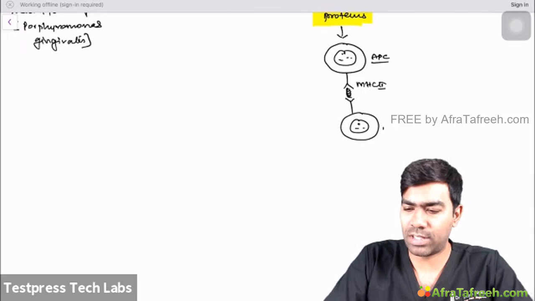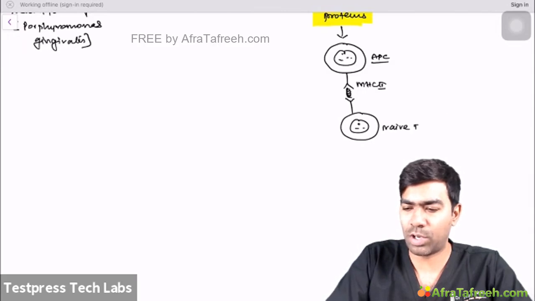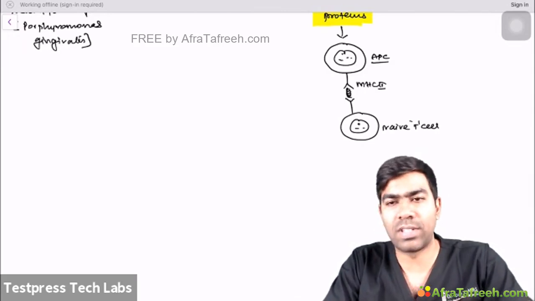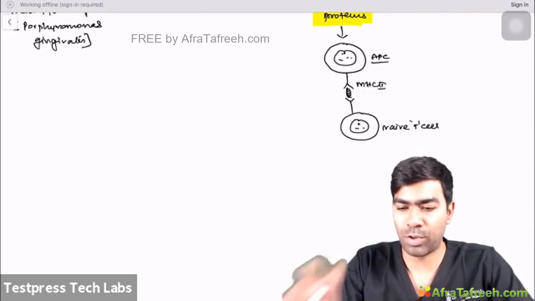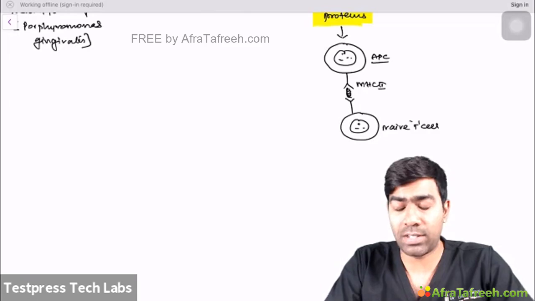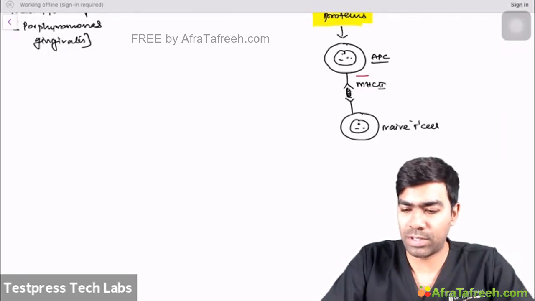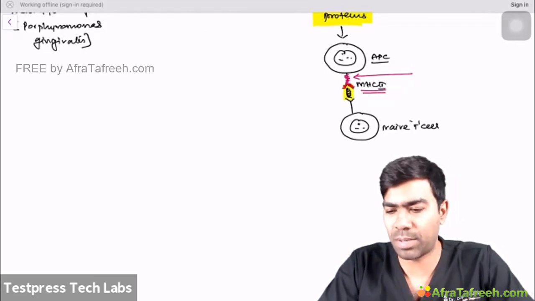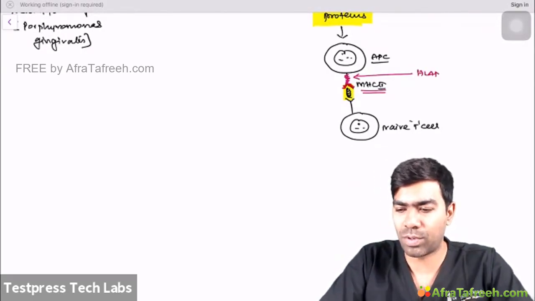So this is a naive T cell, we know that, through the immunological synapse. And there are multiple pathways where these T cells can be stimulated. But before that, here is where the genetic link comes in. Now you know that you need some MHC class 2 molecule to present this citrullinated peptide, and that MHC class 2 is usually HLA-DR4.